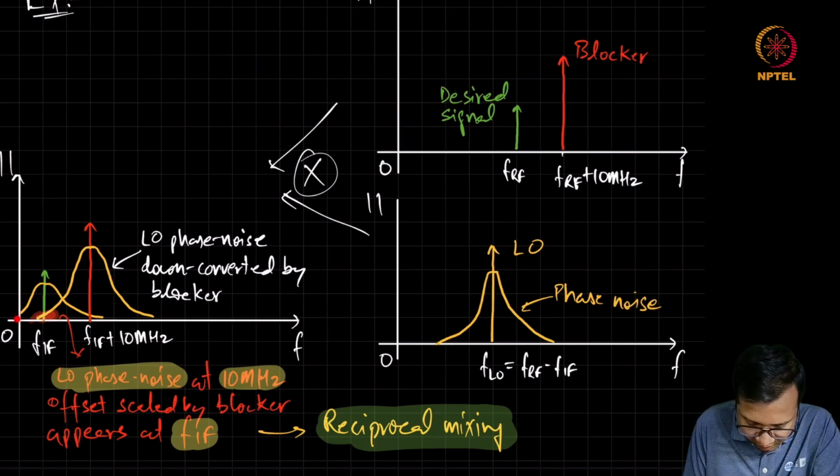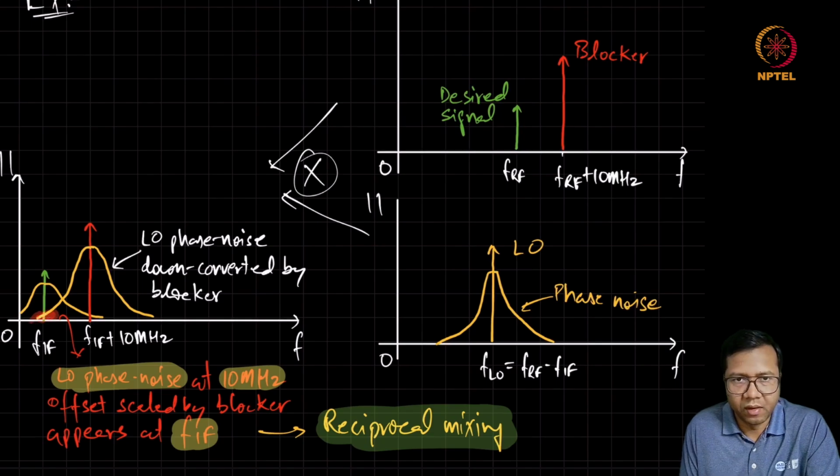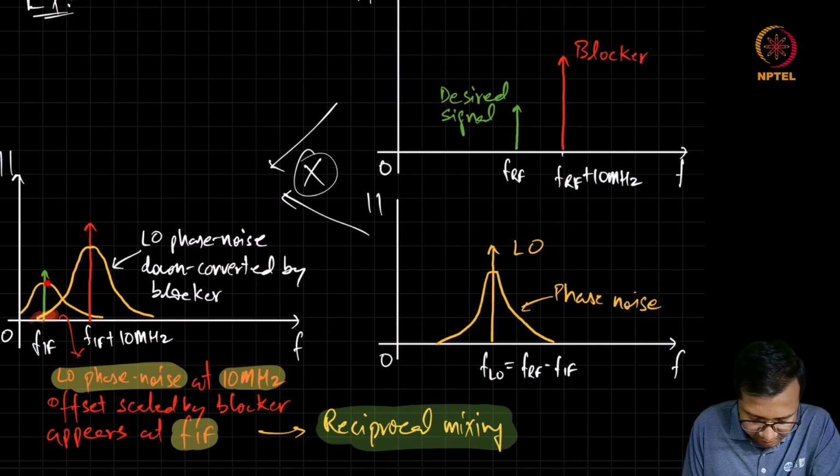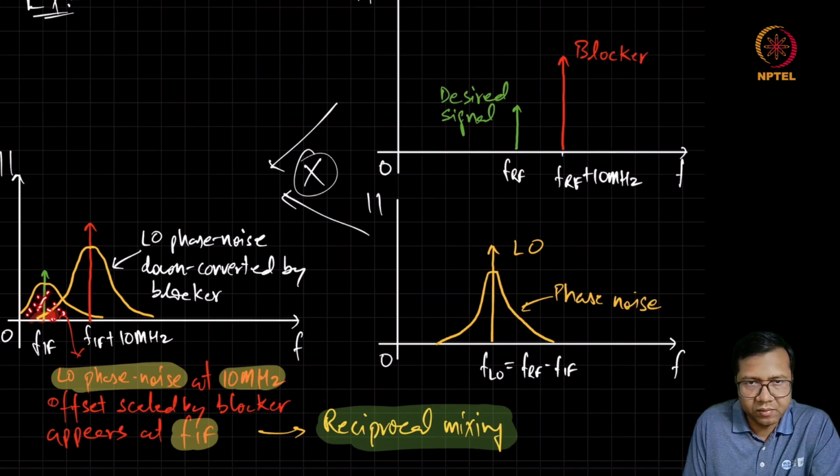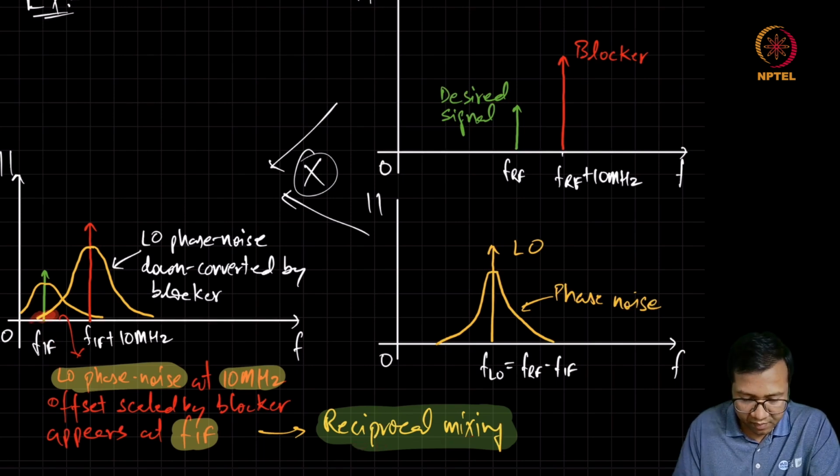Now here you will also note that not only is there noise due to the reciprocal mixing, the desired signal itself down converts the phase noise of the LO. So this phase noise directly degrades the received SNR. In addition to that, reciprocal mixing degrades it even further.